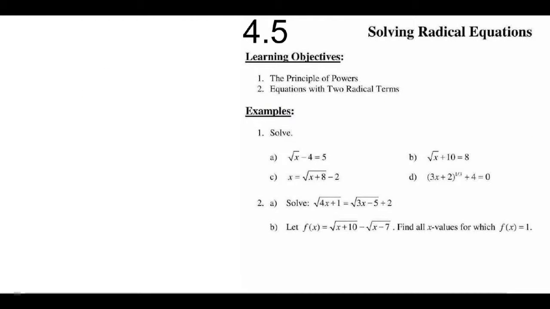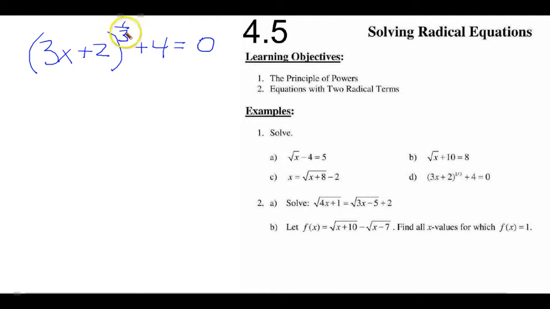All right, let's go on to letter D, which is 3x plus 2 raised to the 1/3 power plus 4 equals 0.